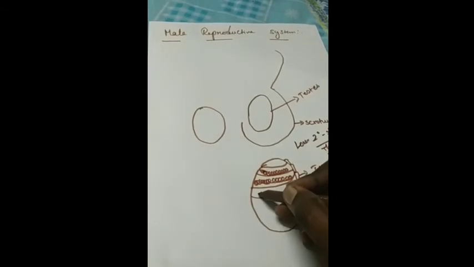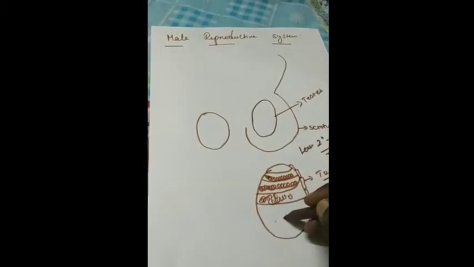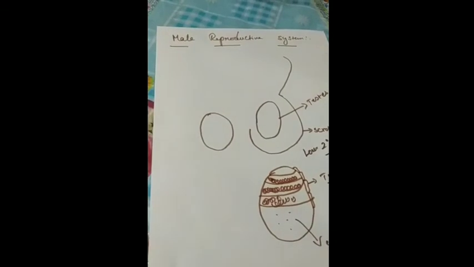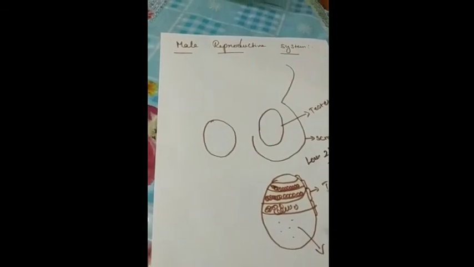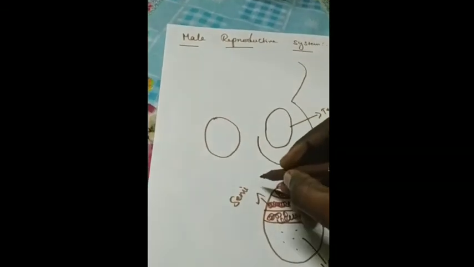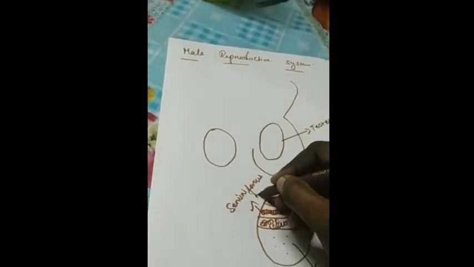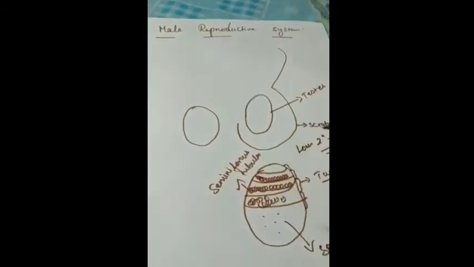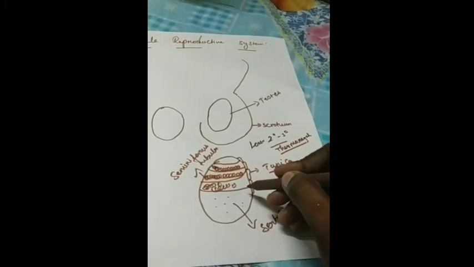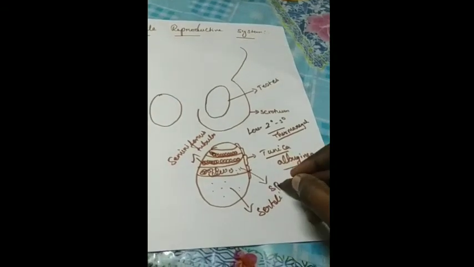The seminiferous tubules are coiled, lobe-like structures, and inside them are the Sertoli cells and the spermatogenic cells.